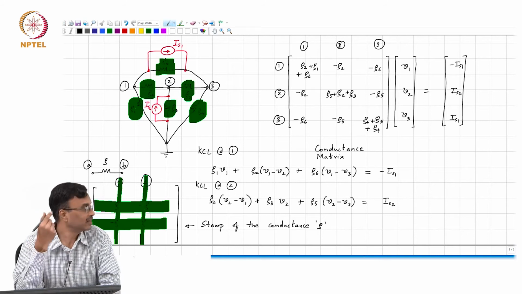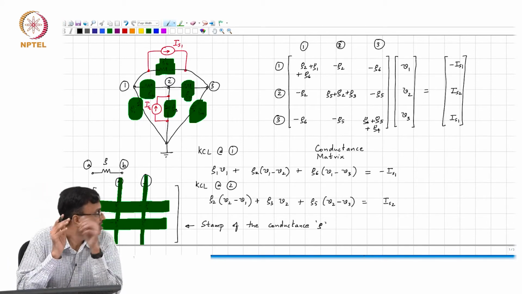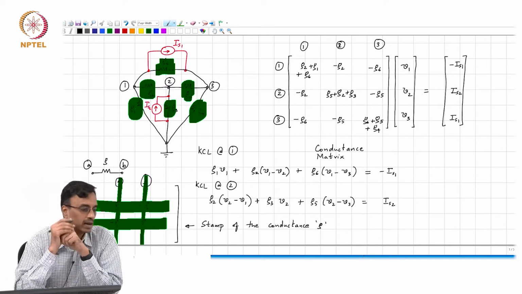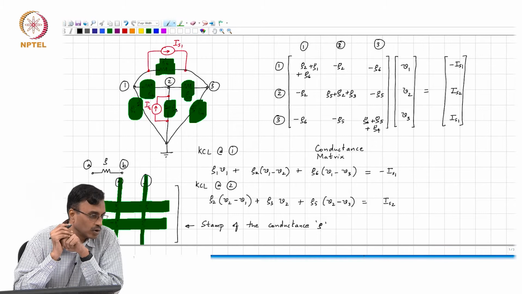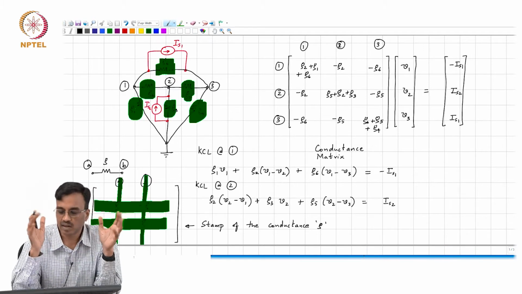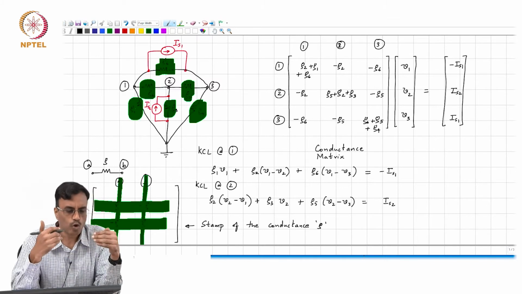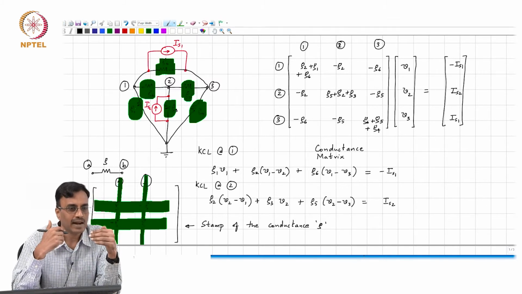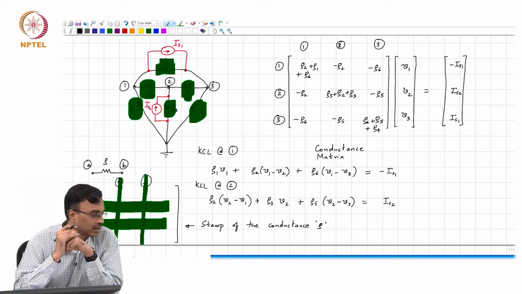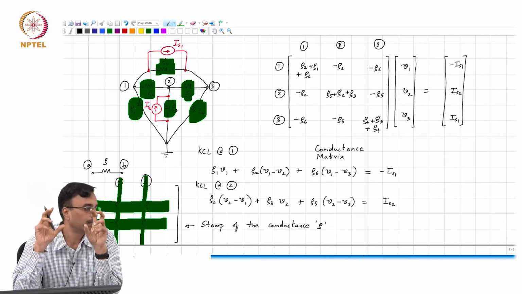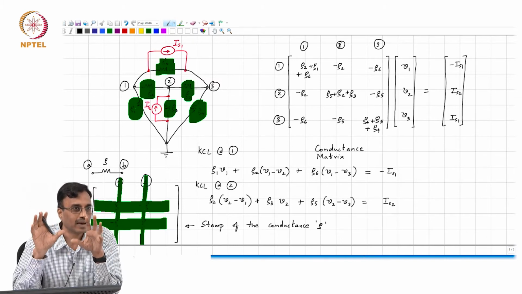All that this is saying is that, by looking at the number of nodes in the network, you already know the size of the conductance matrix. So, you can initialize a conductance matrix with that size, and then you go element by element, and when you go to a particular element in the list of elements in your network, you simply plop in the appropriate stamp of that element into the matrix, and then you are done with that element.